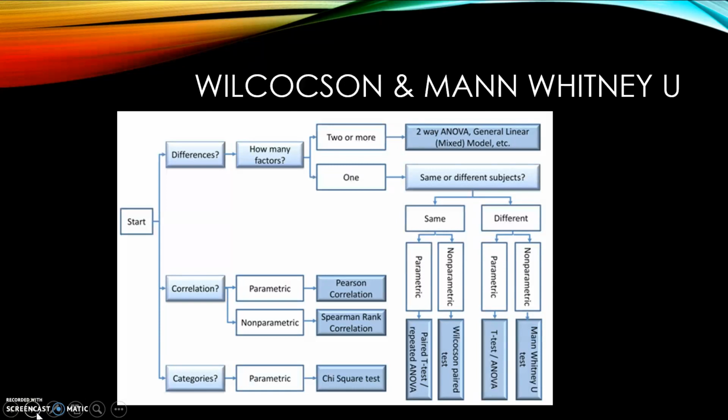And then for the Mann-Whitney-U, you start at the start again, you look for differences, you look for how many factors, which is 1, same or different participants or subjects. For the Mann-Whitney-U, they have to be different participants, and then it's a non-parametric test.